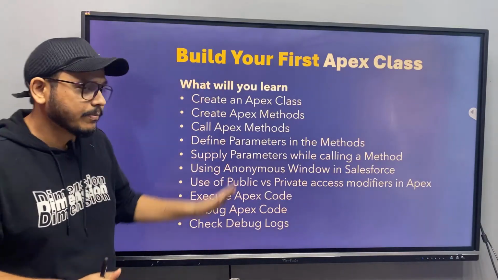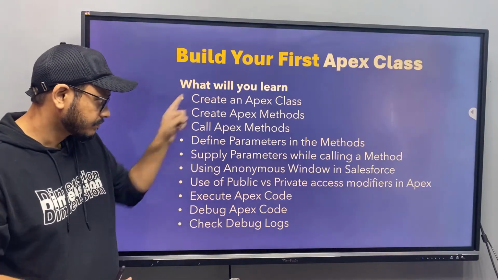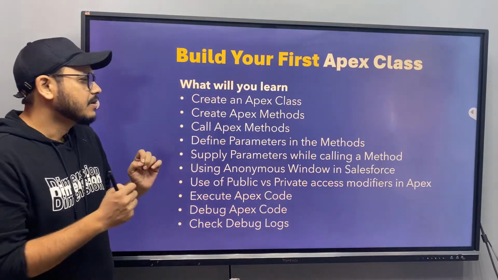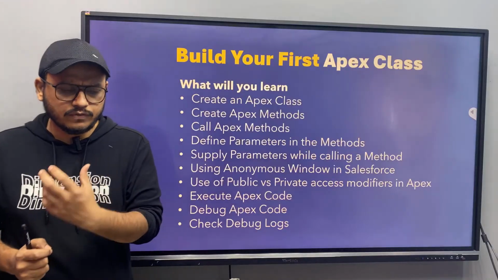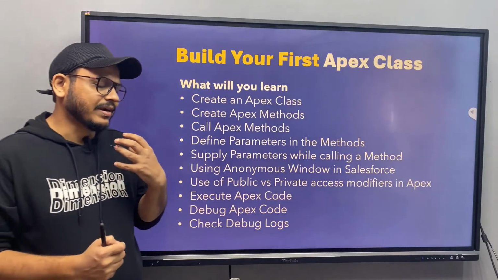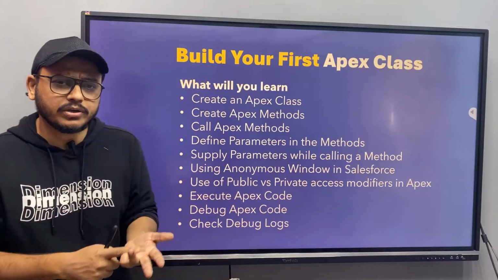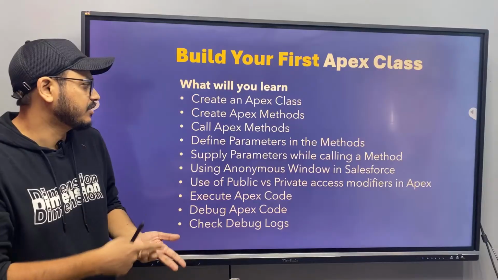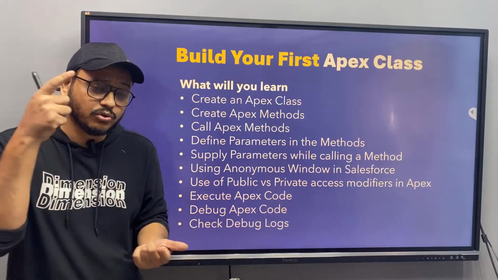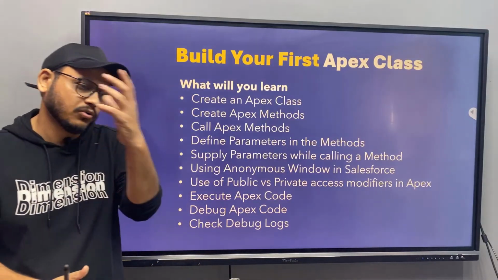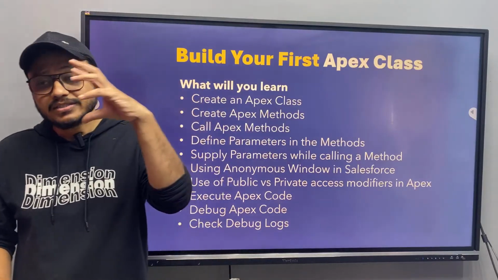So please don't worry about this, but this is important because all these are activities which are very important. The moment you are starting to write your Apex code, these are the basics that you need to know. You need to know how to create a class, how to create a method, how to call those methods, how you can execute an Apex code, how you can debug an Apex code, how you check the debug logs.